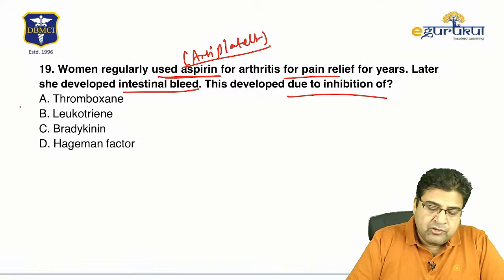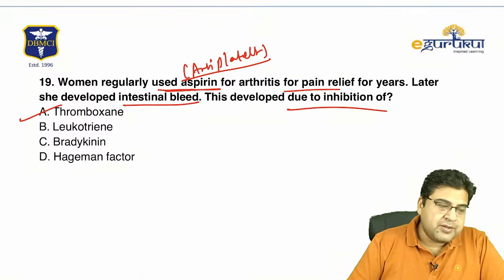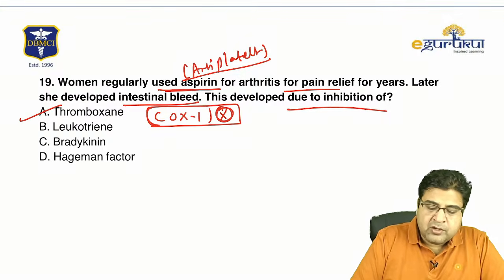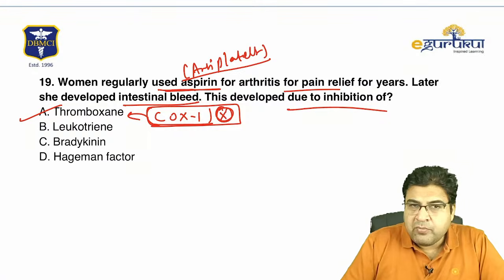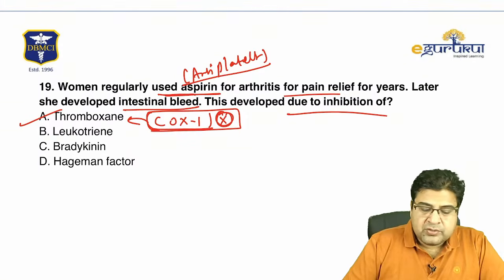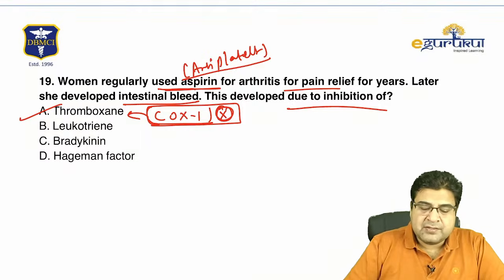This is due to the inhibition of thromboxane. This medicine is an inhibitor of the COX-1 enzyme, and by inhibiting COX-1, it inhibits thromboxane A2 synthesis. So this medicine can lead to bleeding. The female has developed bleeding, the side effect. Answer is A.